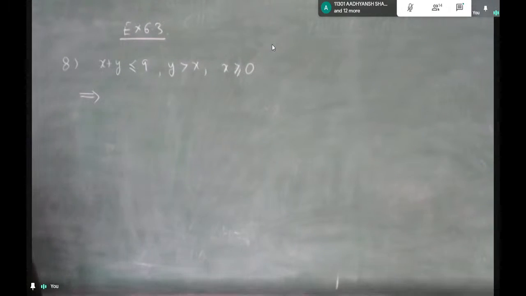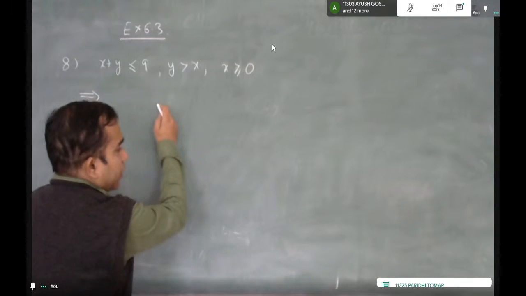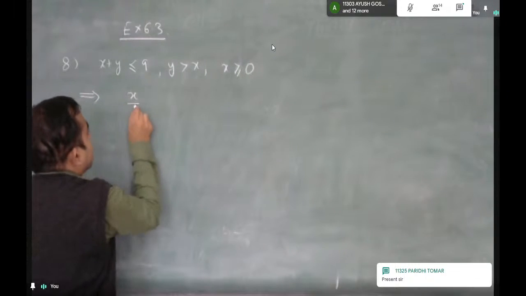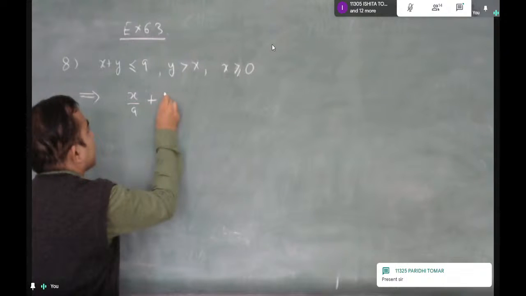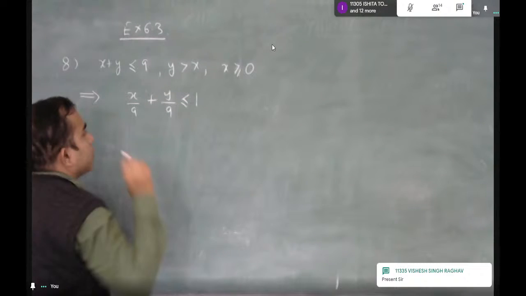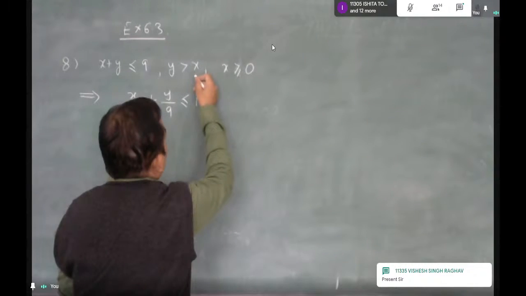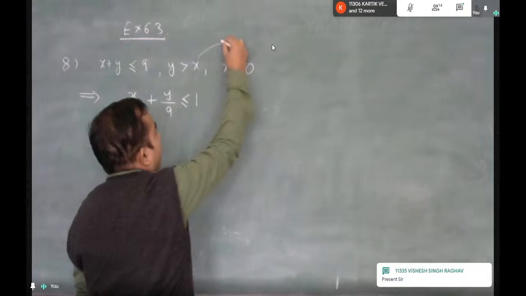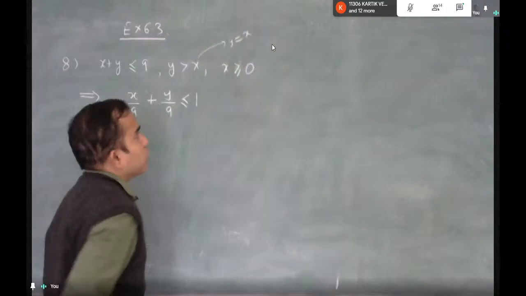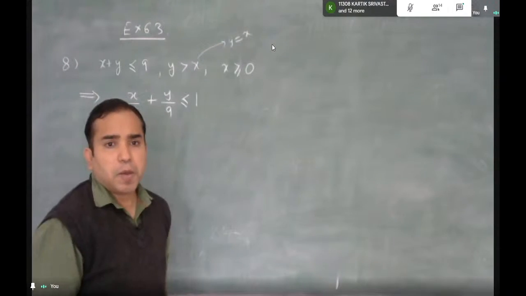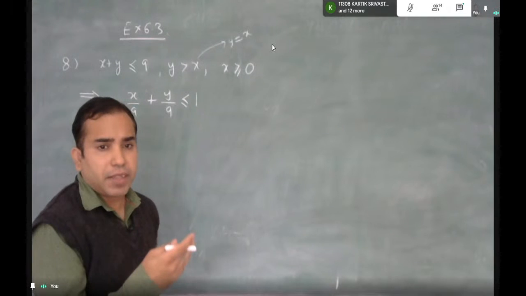X plus y less or equal to 9. I think best if we can convert it in intercept form. So let us write in intercept form. This cannot be converted in intercept form. Instead, the y equal to x line we have to draw. Y equal to x is a standard line bisecting first and third quadrants.